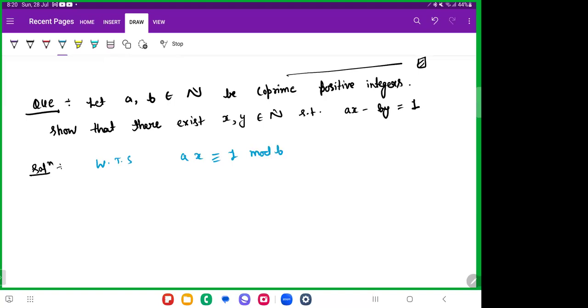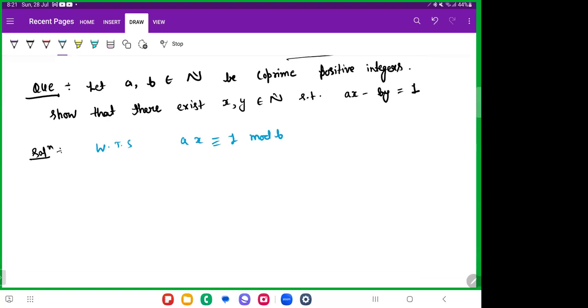If this happens, that means ax is equal to 1 plus by for some y in the natural numbers union 0. That means ax minus by is equal to 1. Then you will get this, right? It is the same thing. So now you need to show this: ax is congruent to 1 mod b.